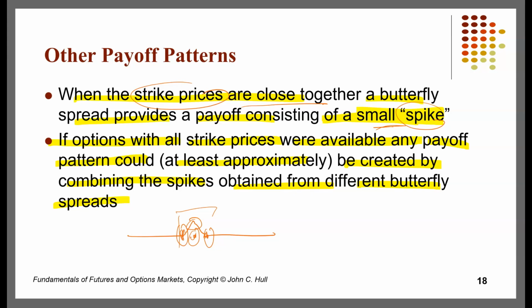The strike price of our short calls was right in the middle, the midpoint between the strike prices of our two long calls. We also had the butterfly spread using puts. We talked about the calendar spread, and the difference between the calendar spread and the butterfly spread is that we're using options with different maturities, not different strike prices, but different maturities with the same strike price.